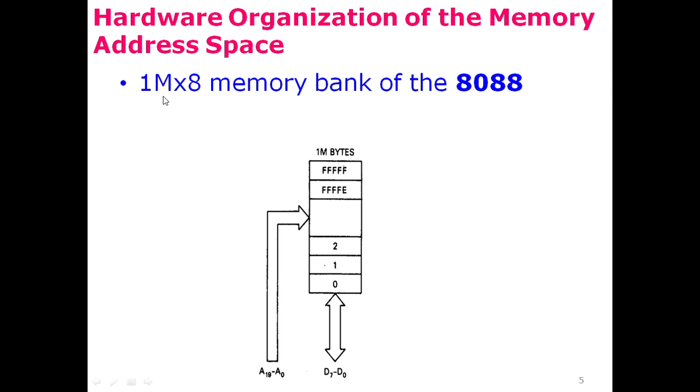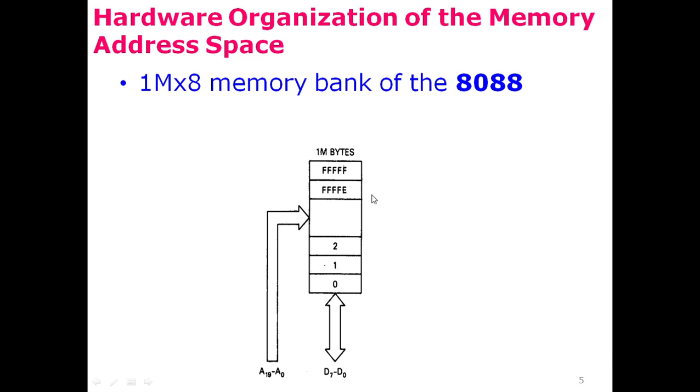That means 1 mega is the number of addressable locations, and each location can store 8 bits, or 1 byte, of data.